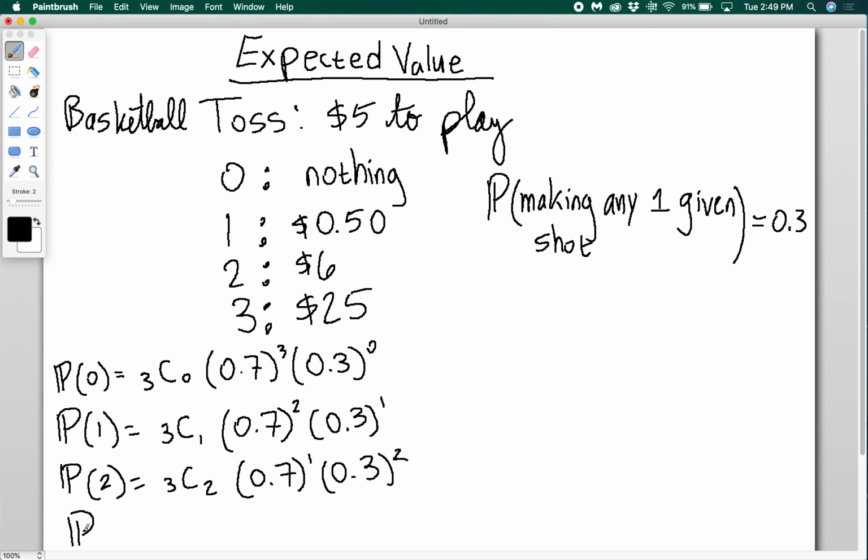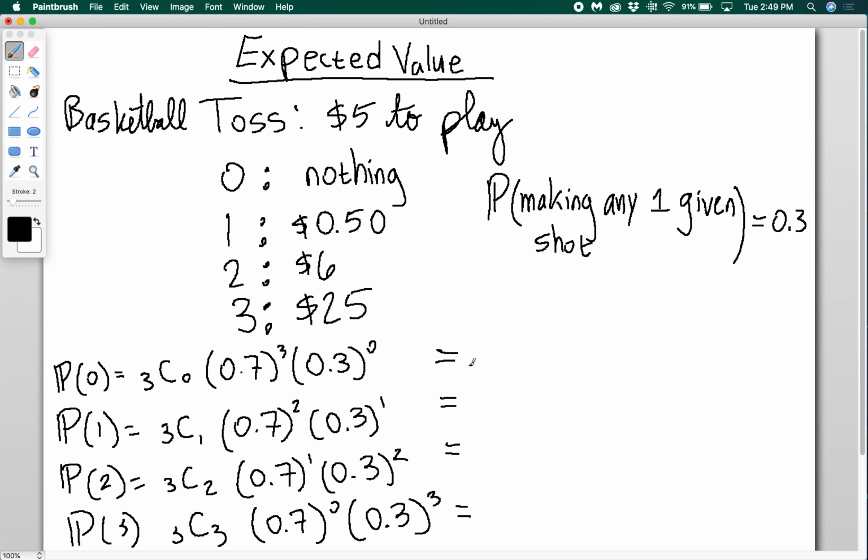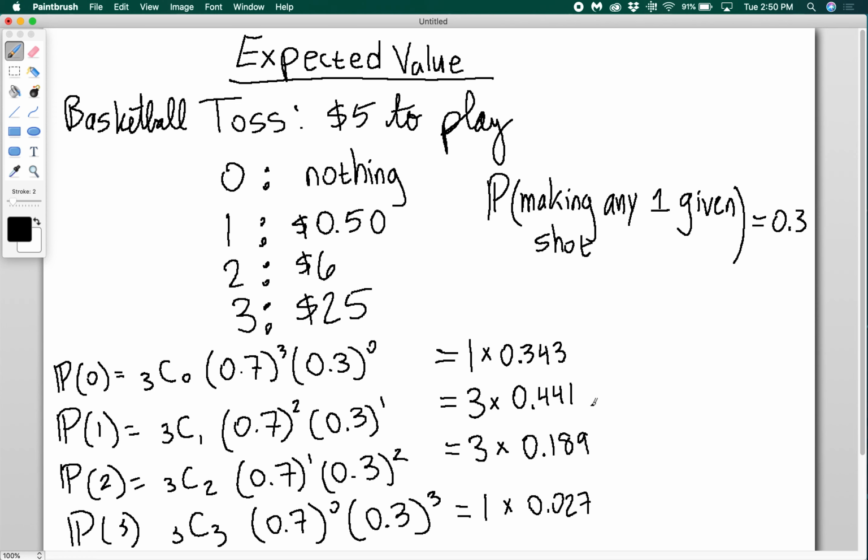And the probability of getting all three is 3 choose 3 times 0.7 to the 0 times 0.3 to the third. So this is going to give me 1 times 0.343. Since 1 is what 3 choose 0 is, 3 choose 1 is 3, and that's going to be multiplied by 0.441. Then I'm going to do 3 times 0.189. And 1 times 0.027.